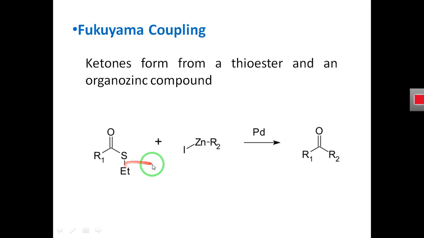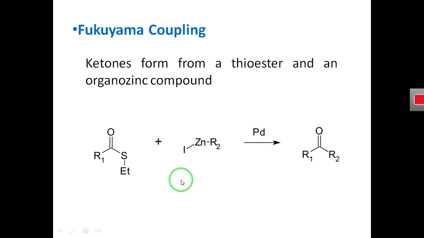When this thioester reacts with an organozinc compound, we will get a ketone. We are seeing here this is a ketone. Why is this a ketone? Because it has a carbonyl group that is attached to two other hydrocarbons, and this reaction requires a catalyst, that is palladium, Pd.